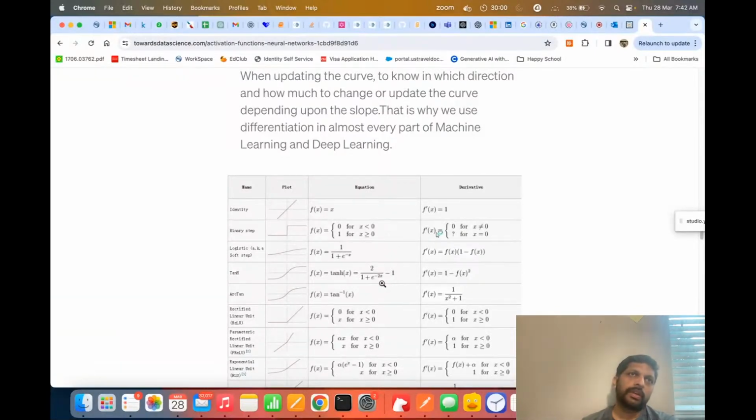Let's work it out: 2 minus 1 plus e power minus 2x, over 1 plus e power minus 2x, gives 1 minus e power minus 2x by 1 plus e power minus 2x. Yes, that should do. And if you bring it over, it's e power 2x minus 1 by e power 2x plus 1.